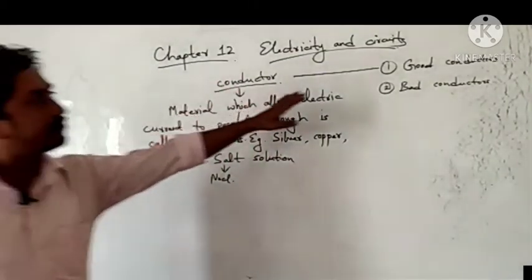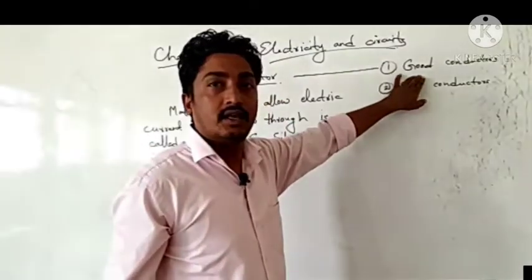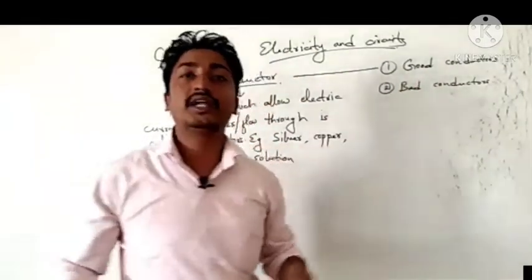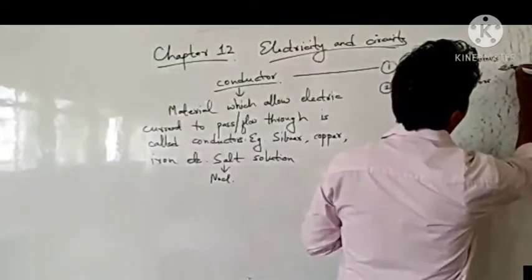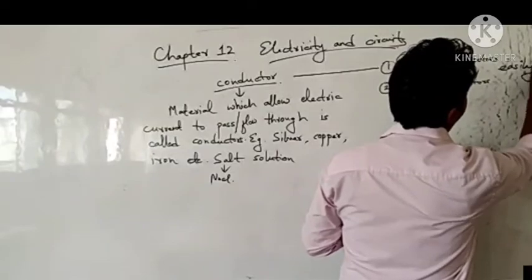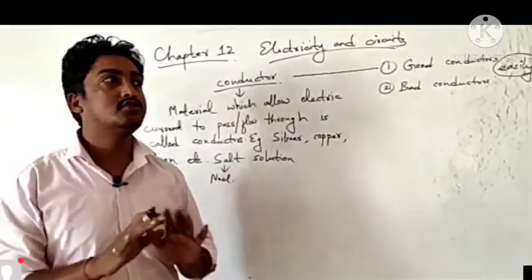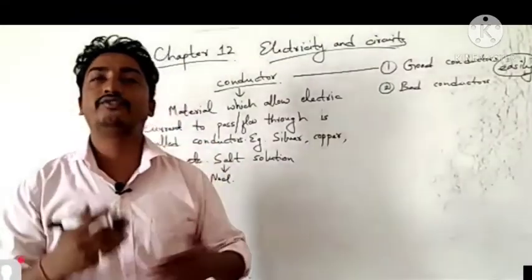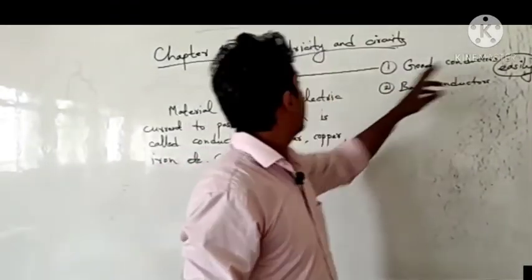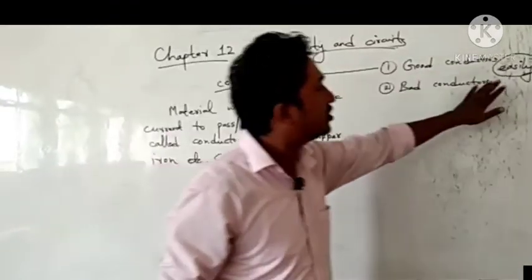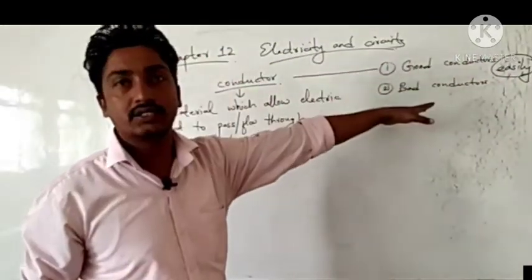Good conductors are the materials which allow electricity to pass through them easily. That means there are no obstacles, no breakage or fluctuation. Those materials which allow electricity to pass through them very easily are termed as good conductors.